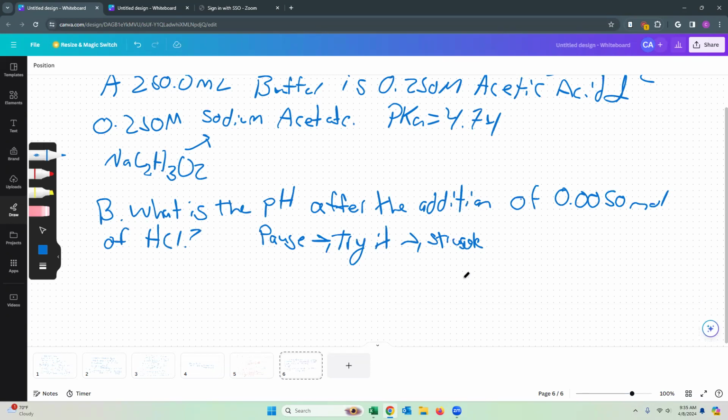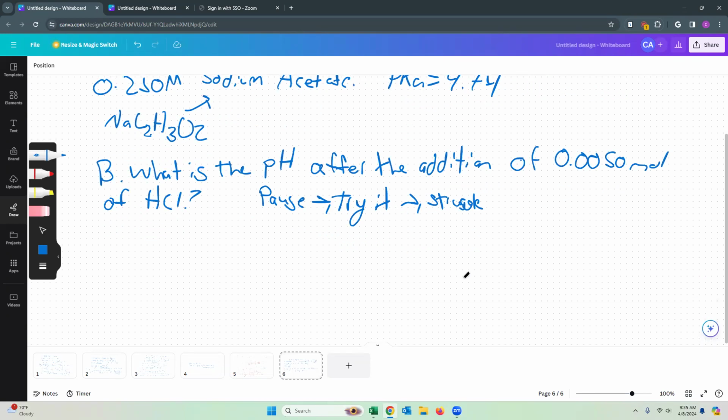So let's follow our flow chart from the last problem. Step 1, I'm going to write down my equation. So I have HCl. So that's going to react with my base. HCl gives a hydrogen to my base.